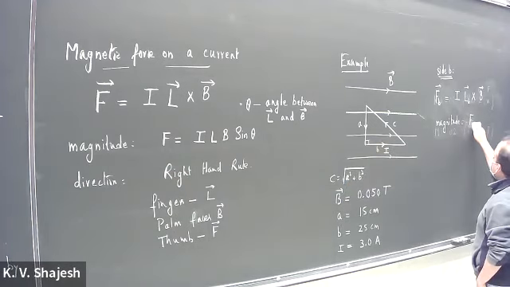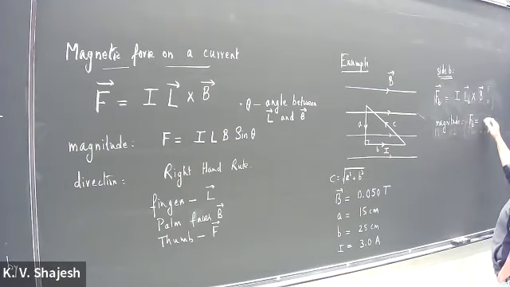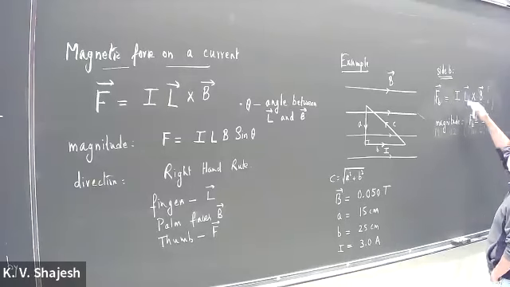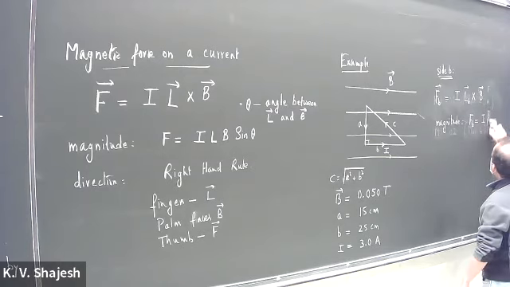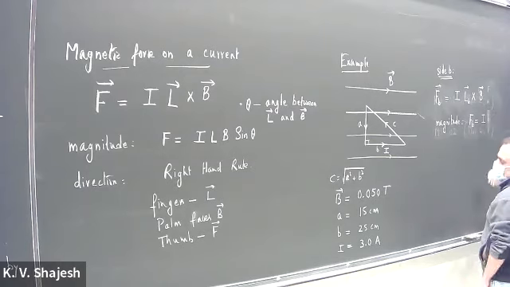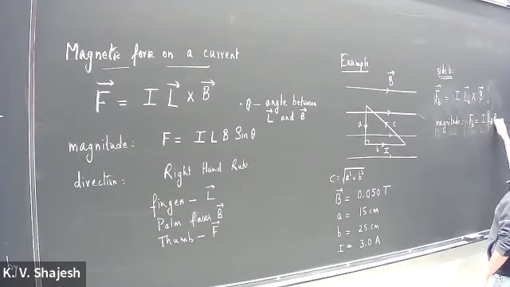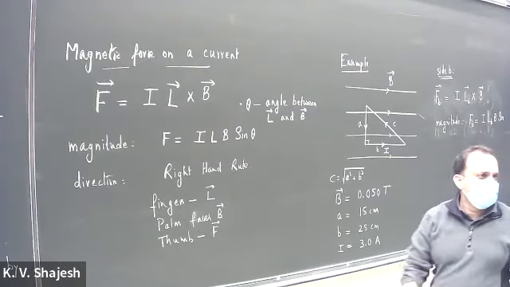So F of B is equal to the magnitudes, which is I, no direction involved, the length, which is b, right? So instead of writing L of b, I can keep writing the length of side b, times the magnetic field times the sine of the angle between the current and the magnetic field.